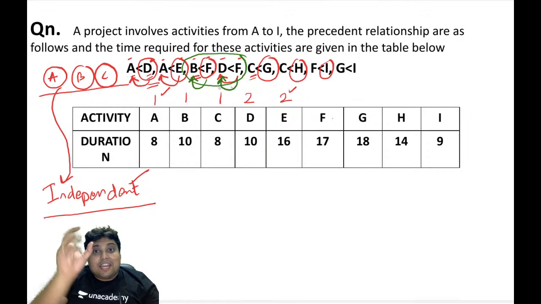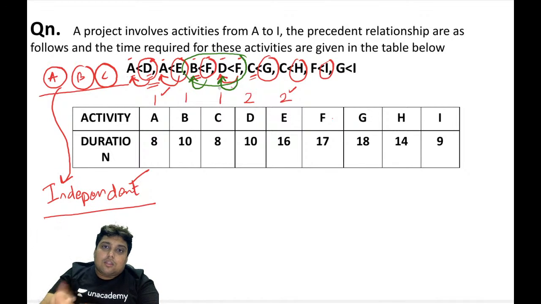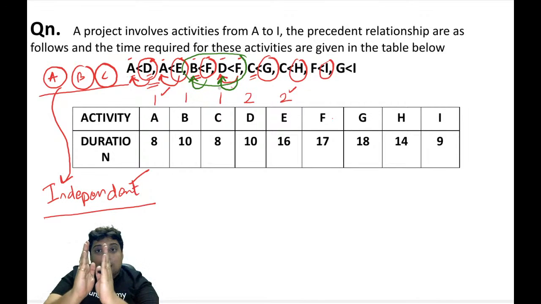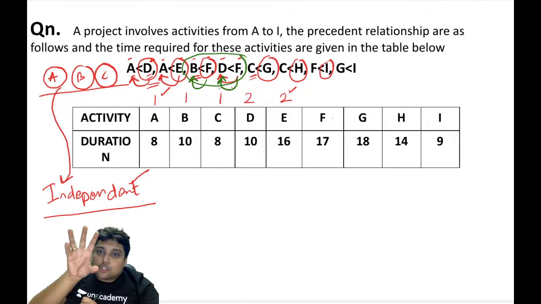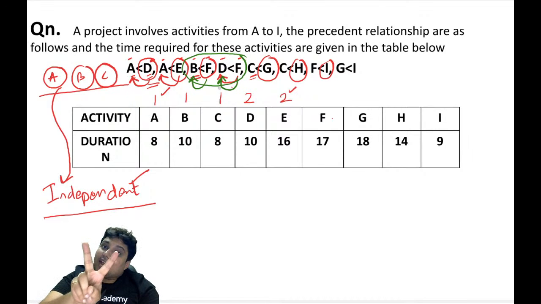Because if the wiring part is done and you put on the switches, and after that you put on the plaster, the switches will get soiled. So for putting the switches in place, we have to make sure that both the activities, the entire wiring as well as the plaster, get completed.